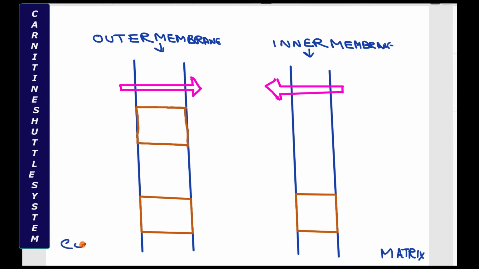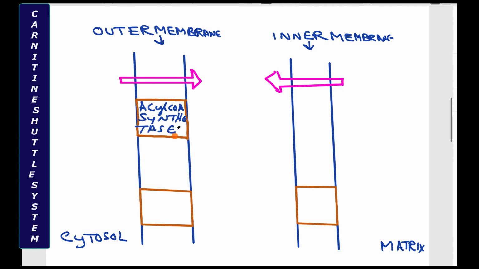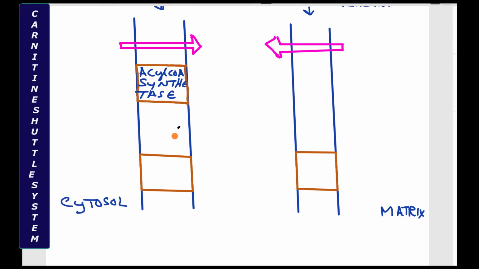This side it is cytosol, this side it is matrix, this is outer membrane, this is inner membrane. Activation of fatty acids, the thiokinases are present at the outer membrane. So we say this one is acyl CoA synthetase. Then on outer membrane, there is carnitine. Two enzymes are there, carnitine 1 and 2, and also a translocase.